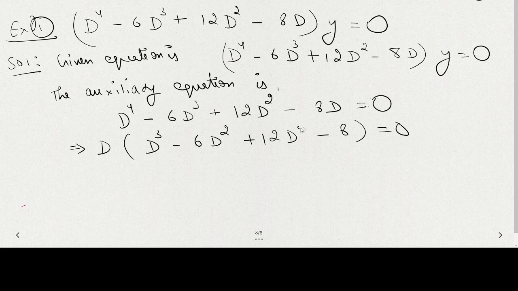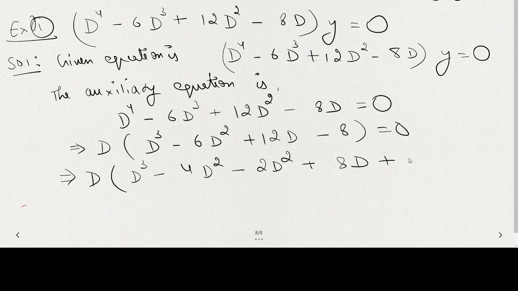We have taken D common, so it will be only D. So the bracket becomes D^3 - 4D^2 - 2D^2 + 8D + 4D - 8 = 0.